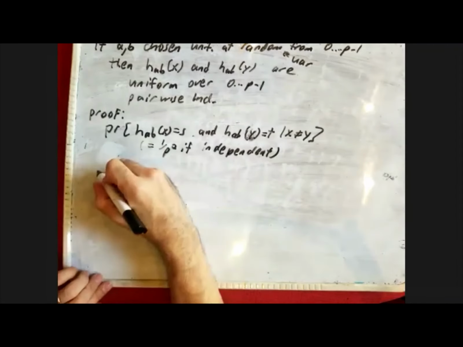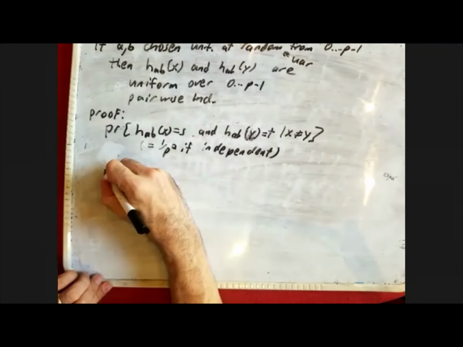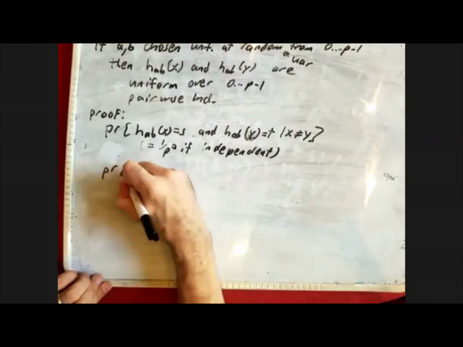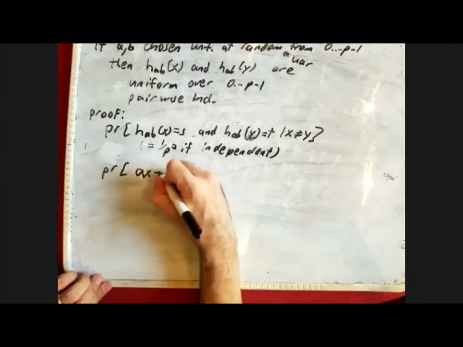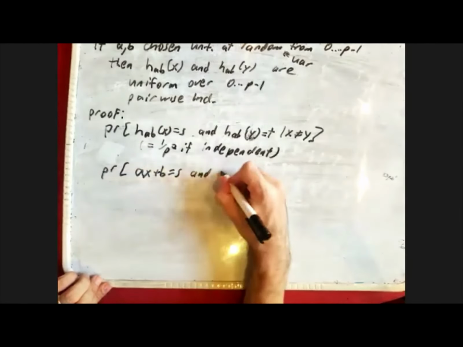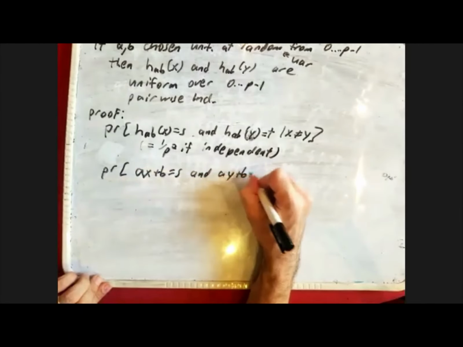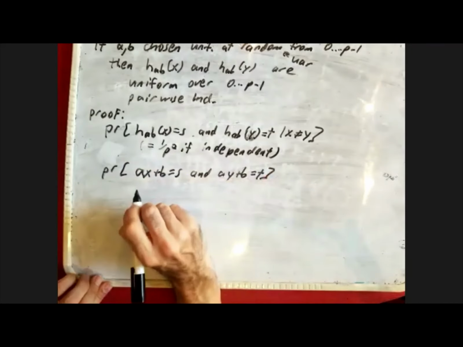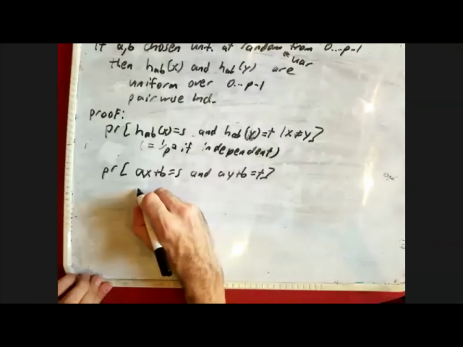But let's look at the pairwise independent case. We can rewrite this as the probability that AX plus B is equal to S and AY plus B is equal to T. I can write that out in a slightly different matrix form.